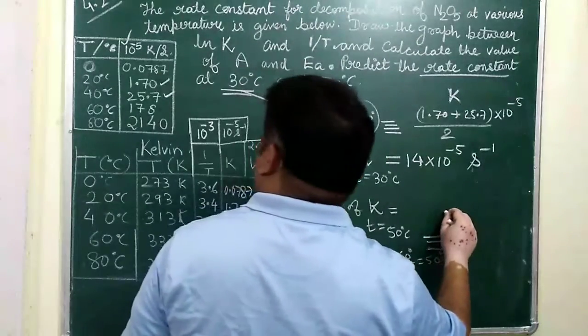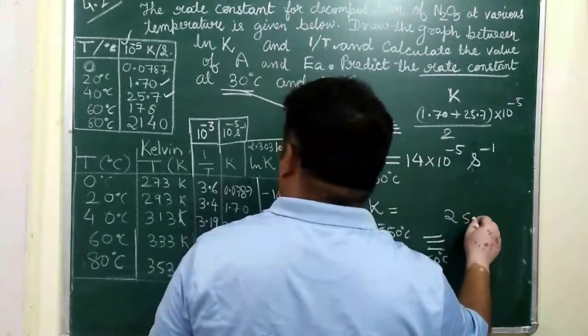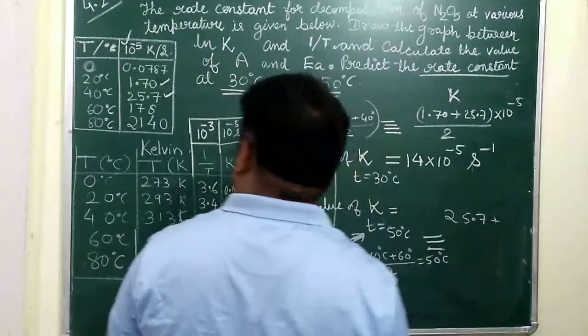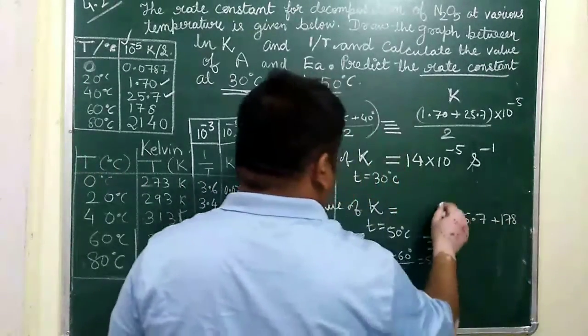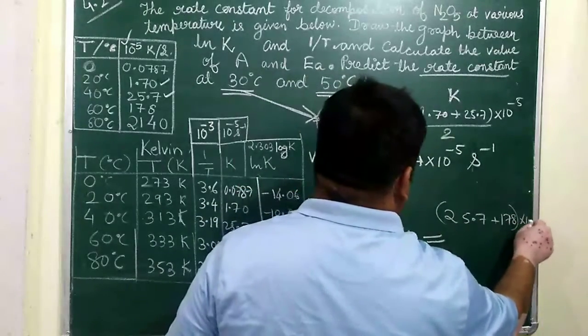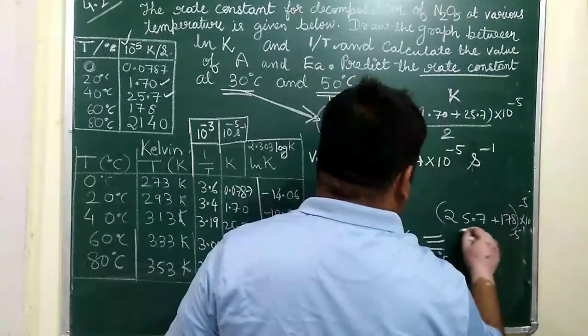Corresponding to this, the value of K will be the average of these two. It will be 25.7 plus 178 multiplied by 10 to the power minus 5 per second by 2.